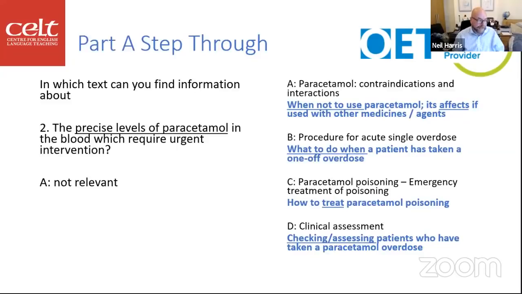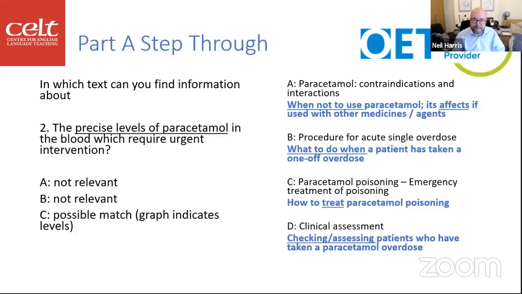Well, again, A, nothing really there about interactions and contraindications. I think the key word here is level. B, procedures. It's not really a procedural step-by-step here, is it? C, paracetamol poisoning, treatment.